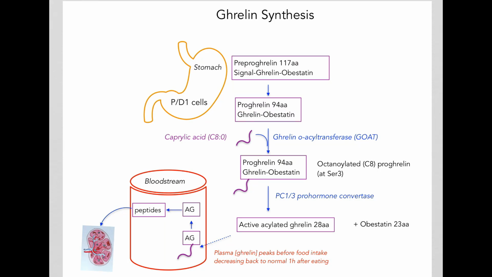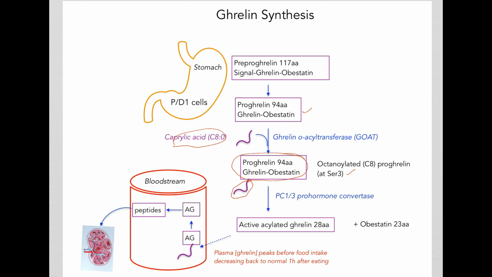In the next step, a fatty acid, caprylic acid, is attached to proghrelin, and that gives us octanoylated proghrelin. So we basically have proghrelin that has a fatty acid attached to it.